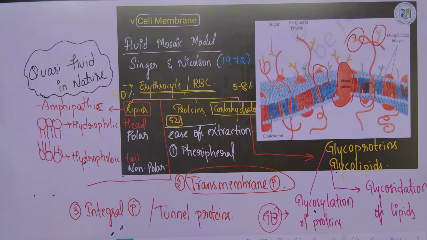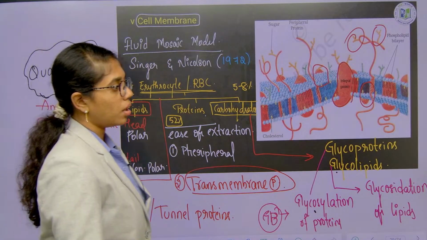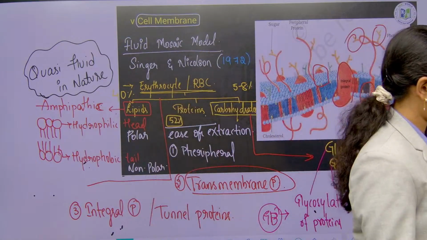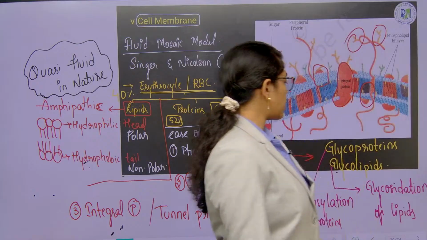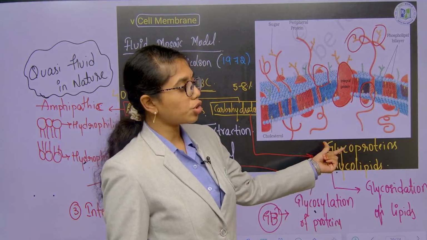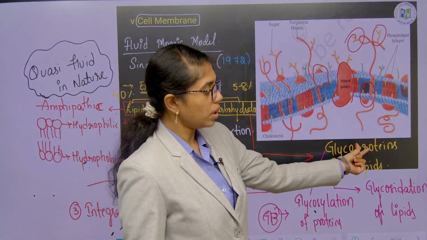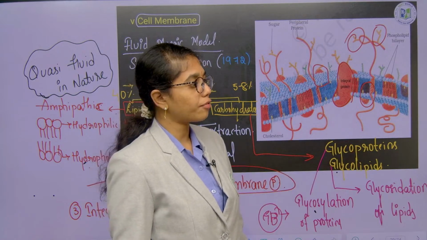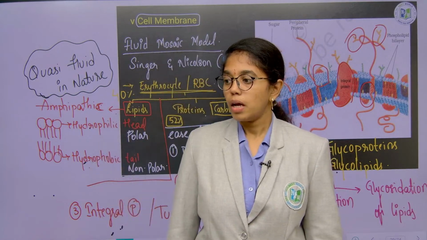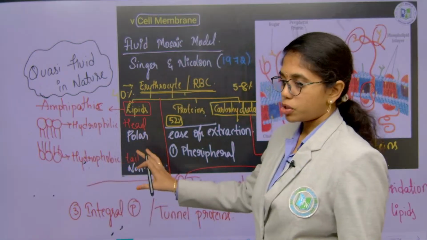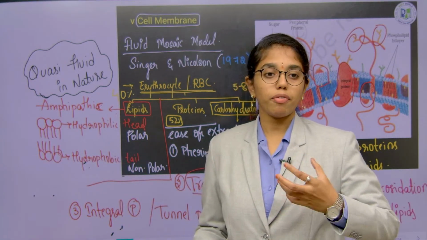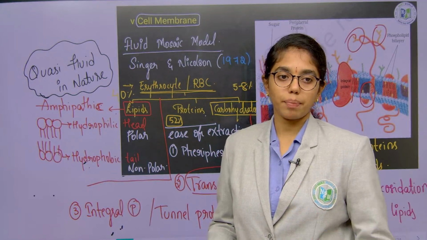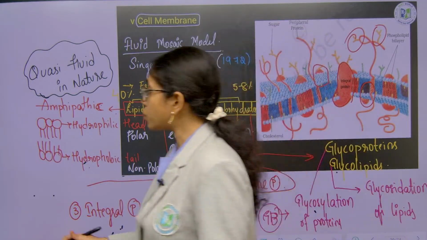This is about the composition of the plasma membrane. Glycoproteins are glucose units or sugar molecules adjoined with proteins, formed in Golgi bodies. Now, amongst the lipids, we have different types. Which type of lipids is abundantly present in the plasma membrane? Phospholipids.